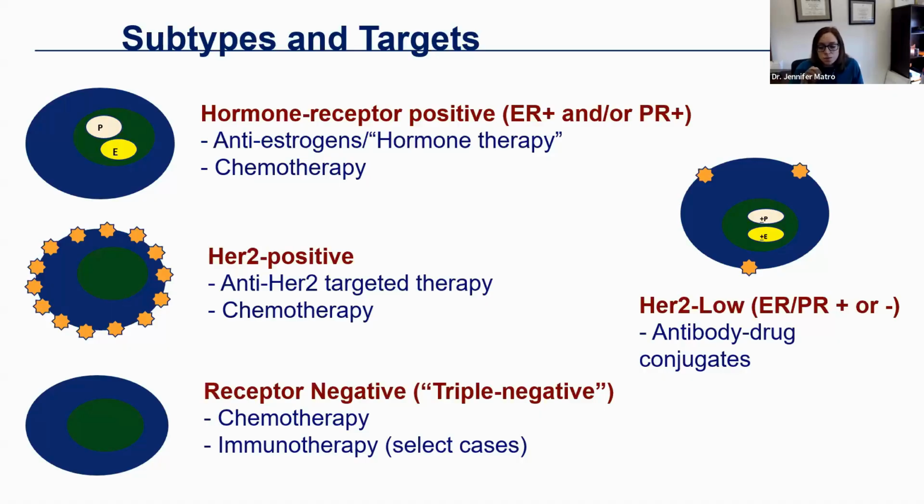So the amount of HER2 expression doesn't meet the threshold to be positive, but there's just enough that it can be a target for one of those ADCs or antibody drug conjugates. So you don't need to have every cell positive. You just need a couple of cells positive to get that chemo agent into the vicinity of where the cancer is.